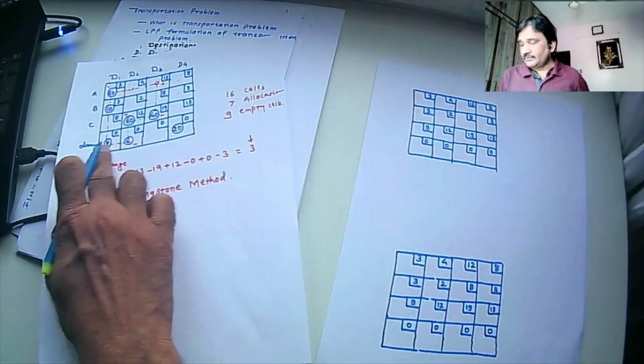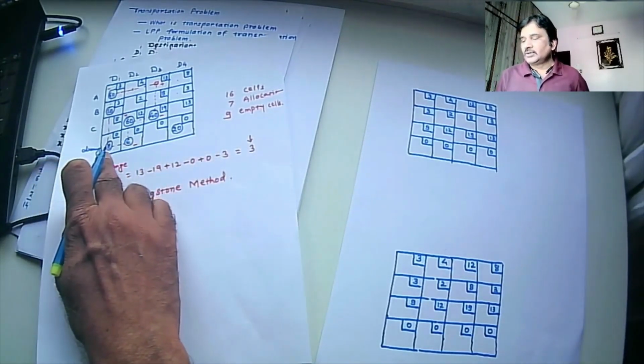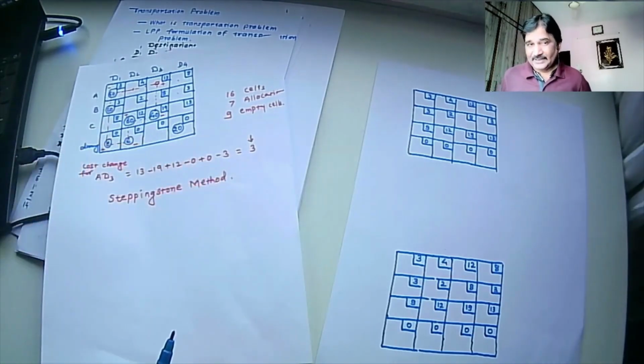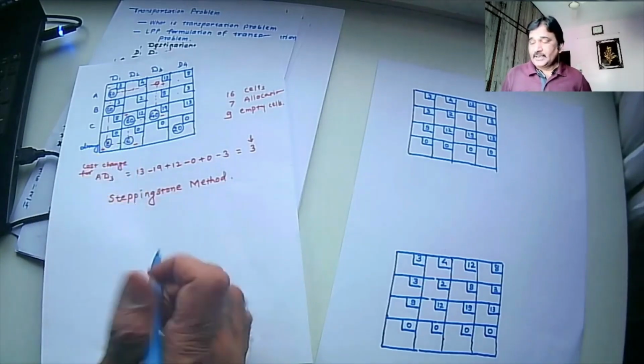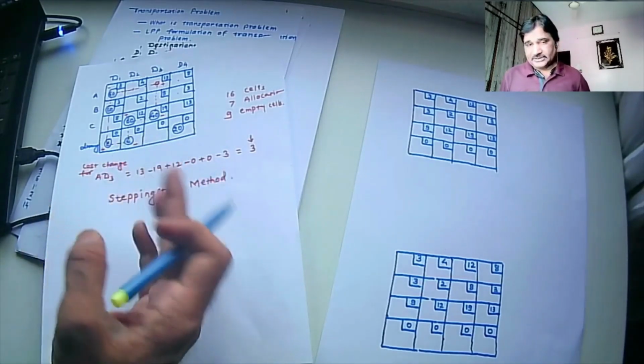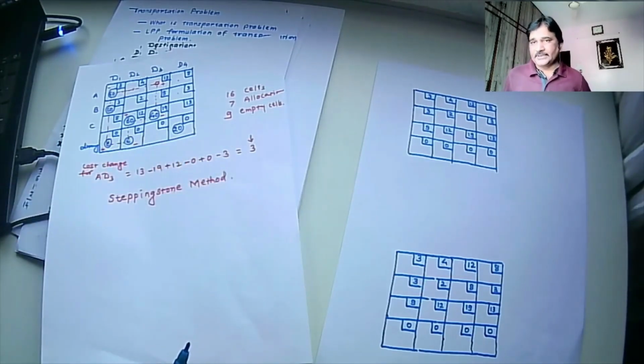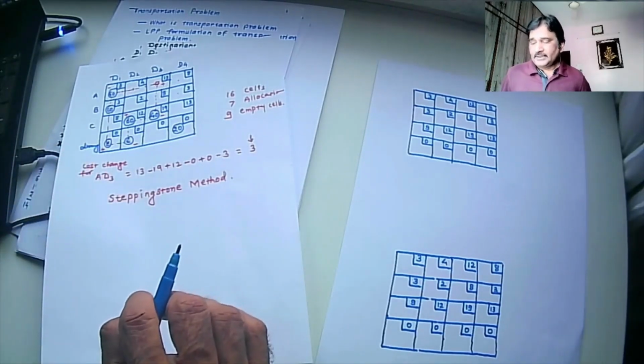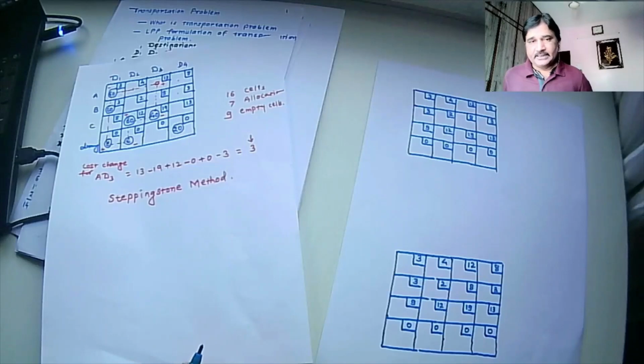Yes, we have seen how to allocate epsilon. Epsilons are to be allocated in cells which do not form a closed circuit with the existing allocated cells. If you still have doubt, you can refer to the previous lecture for allocating epsilon, where it has been discussed in detail.